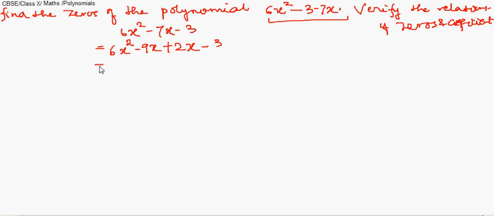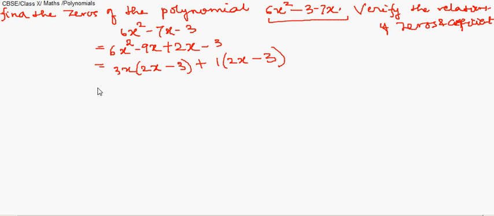And here 3x can be taken common, so 2x plus 3 and 1 can be taken common, and here I made a mistake, this will be minus there. Here also I get another minus.